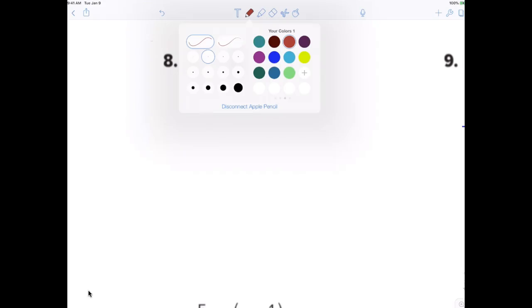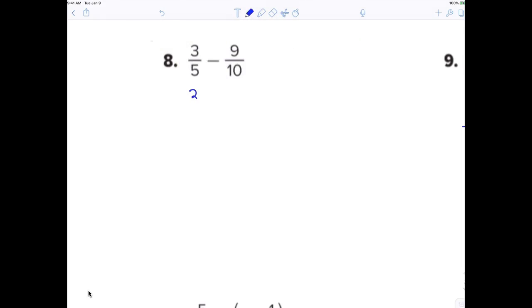So on this one right here, I have 3/5 minus 9/10. When I have 3/5 minus 9/10, we don't have a common denominator. So what would be the common denominator? 10, exactly. So I need to change the top fraction into tenths. So what would I multiply it by?